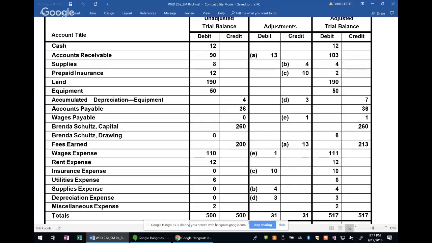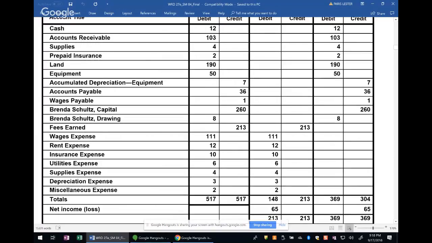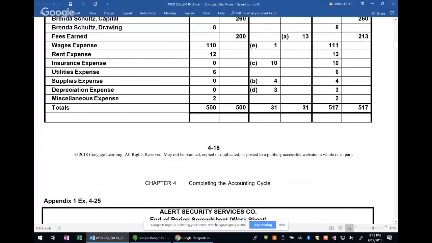All right, we got a few people who got 65. Okay, 65 is correct once you get there.